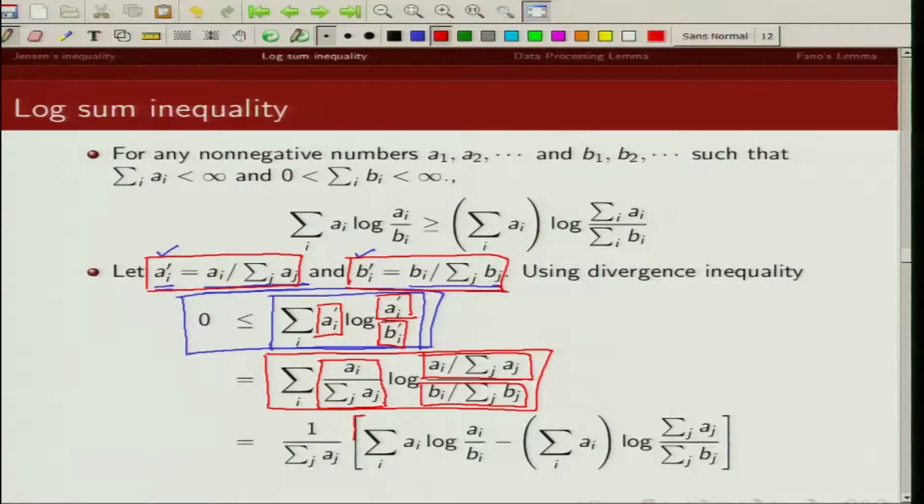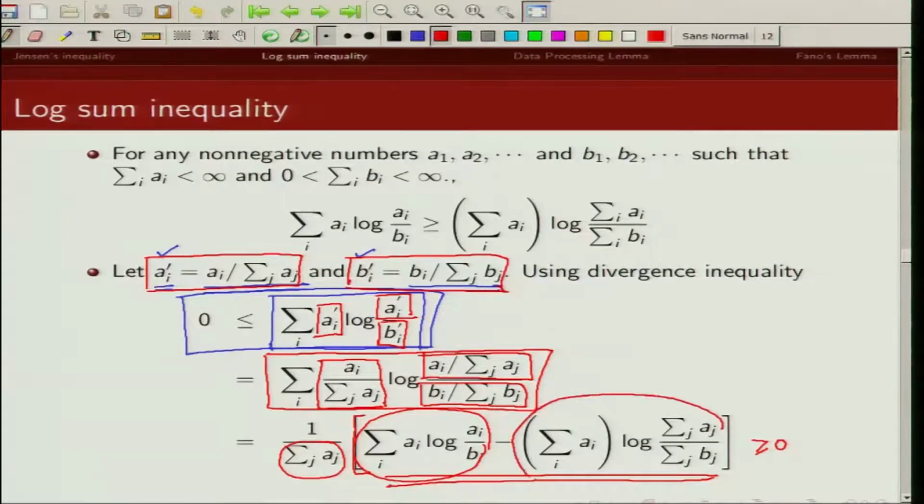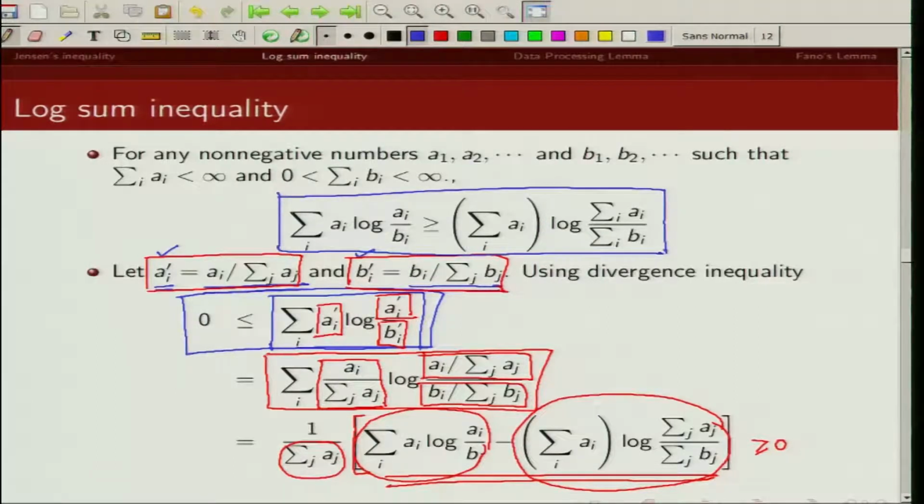So what I get here is summation of ai log ai by bi minus summation of ai log of summation of ai's divided by summation of bi's. Now I know this is greater than or equal to 0. Now this is sum of non-negative numbers, so that is a positive quantity. So when will this be greater than or equal to 0? When this term is greater than or equal to this term. Okay. So what we have proved here is that this relationship holds, and this is known as log sum inequality.